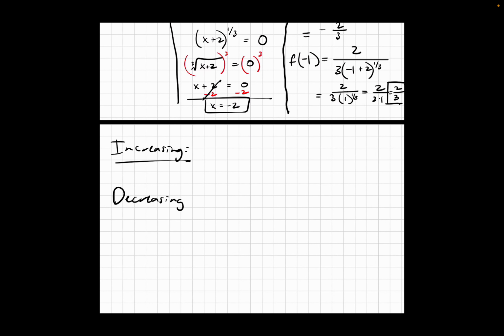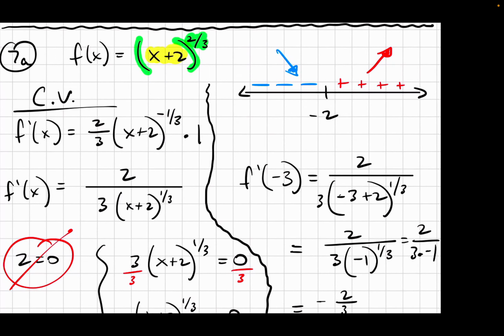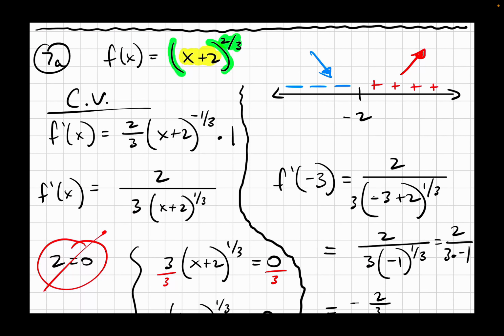That's the first thing they want us to tell. How do I do that? Look at your number line. So if I wanted to write it as an interval, where would I say the decreasing was? From where to where? From negative infinity to negative 2. Increasing, negative 2 all the way to positive infinity.